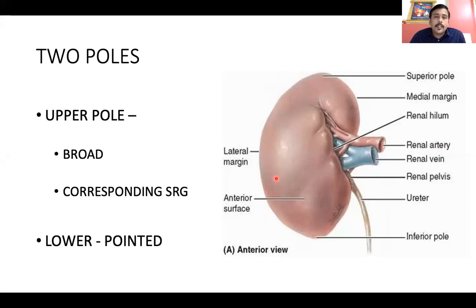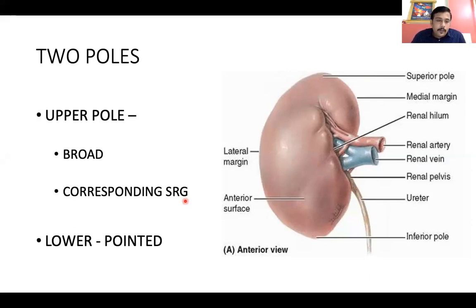The 2 poles: the upper pole is broad and it gives seat for the corresponding suprarenal gland. SRG refers to suprarenal gland, meaning the right kidney upper pole allows the right suprarenal gland to be placed there, and the left kidney upper pole allows the left suprarenal gland to be related there.